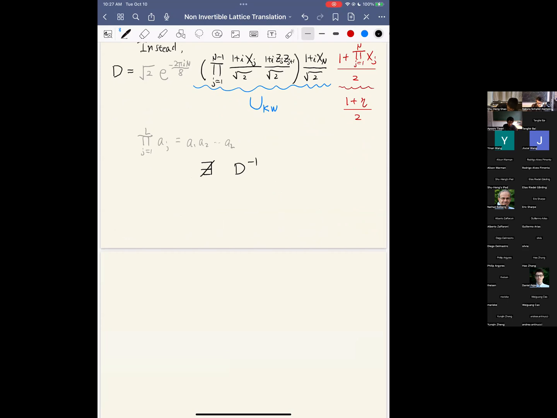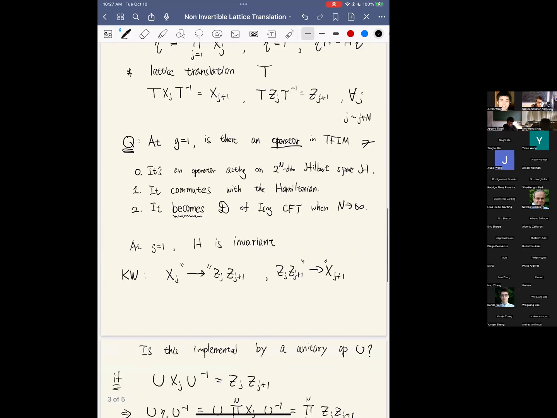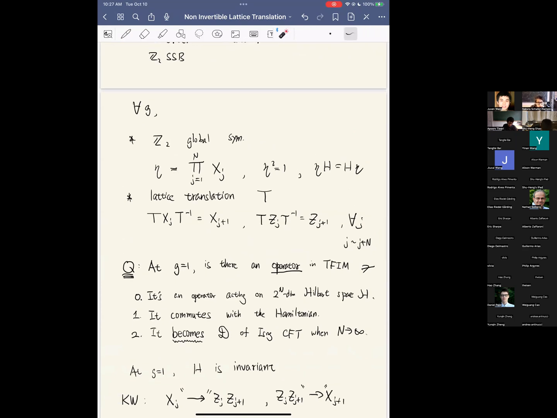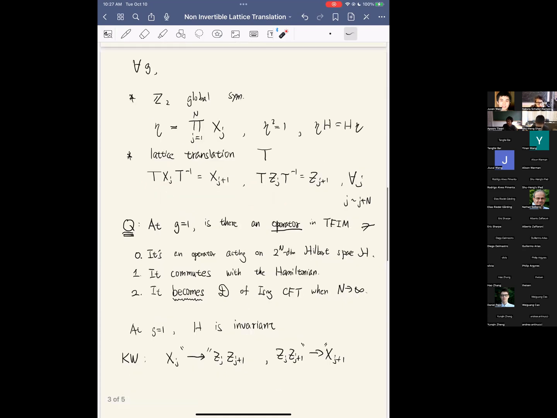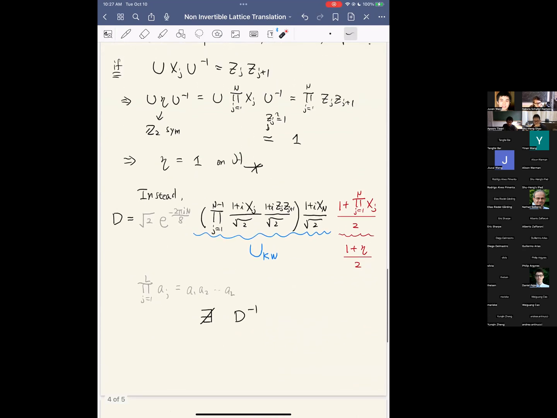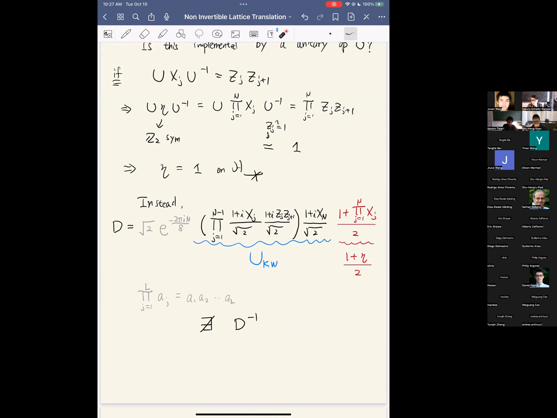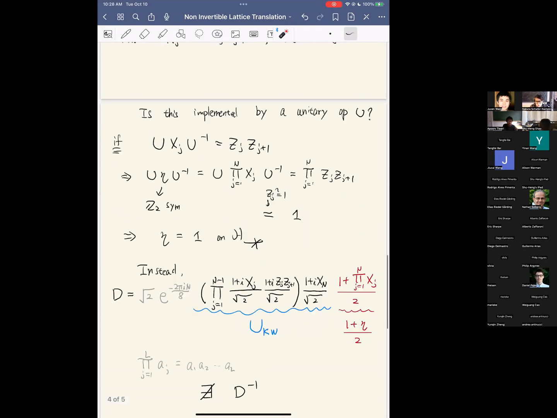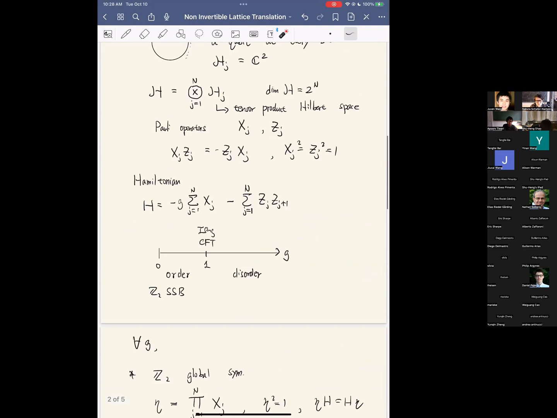What kind of algebra does this operator obey? We already have two players in the game. Z2 has a symmetry. Juven, why don't you unmute yourself? Hi, thanks, Shu-Heng. Just to make sure, there's a unitary phase, and that is n-dependent, where n is the number of sites? Yes, n is the number of sites right here.